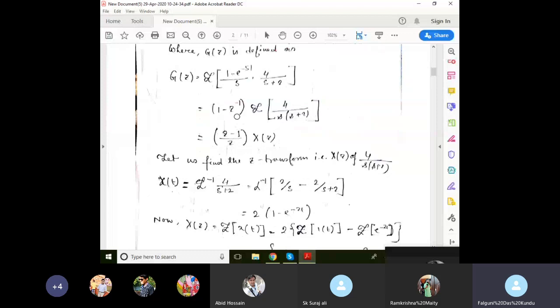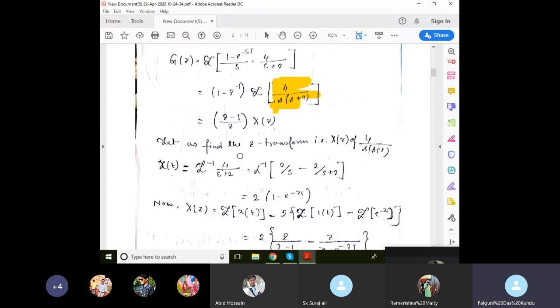Now if we find the z transform of this, we get (z minus 1) by z into X(z). We take this as X(z). Now again we find the z transform: X(z) is the z transform of 4 by s into s plus 2. What is the value of x(t)? x(t) is the Laplace inverse of 4 by s into s plus 2.